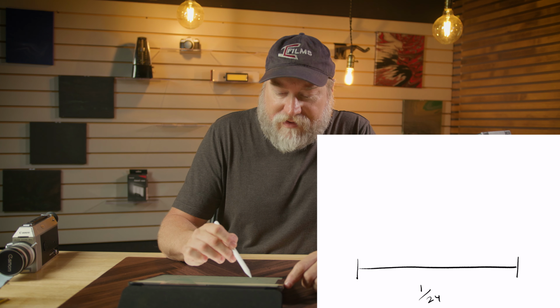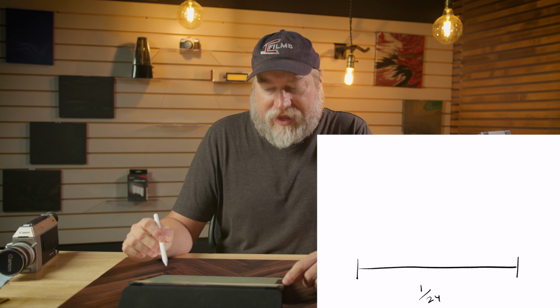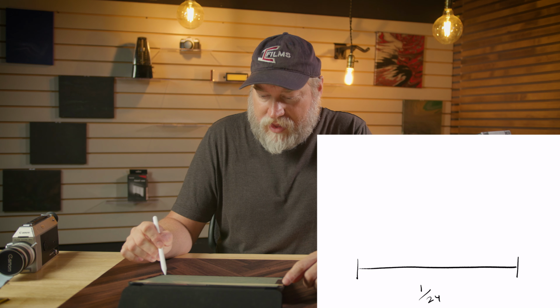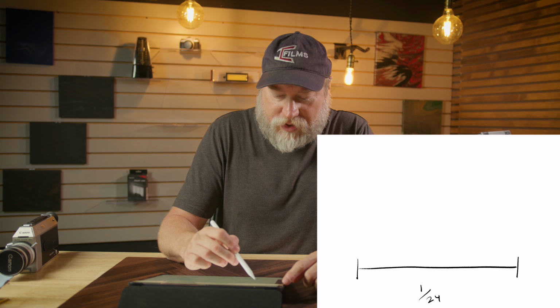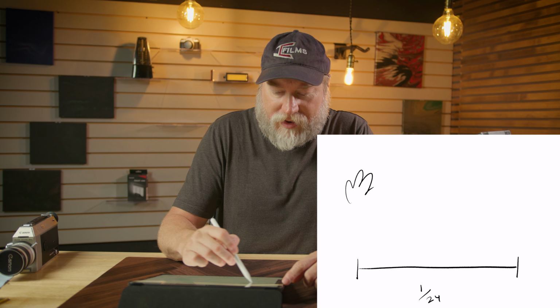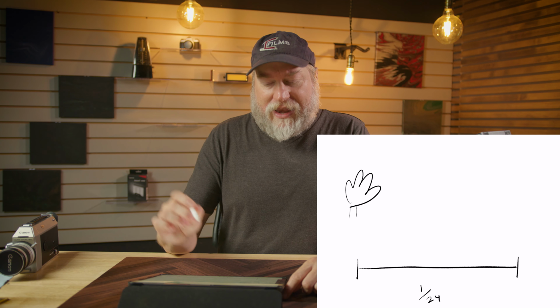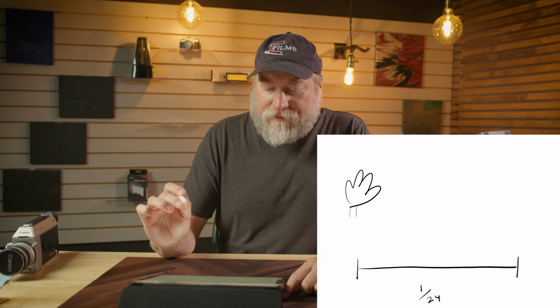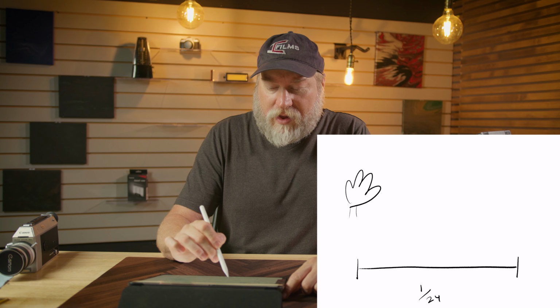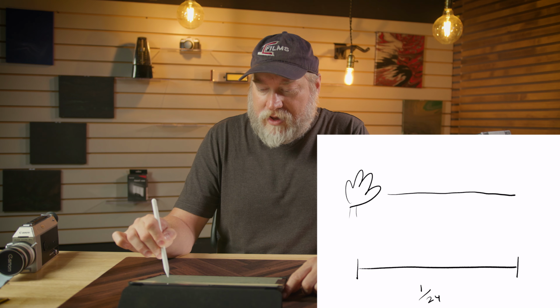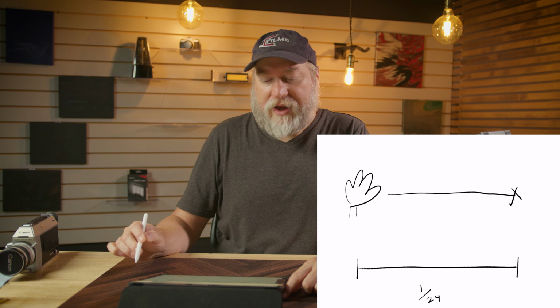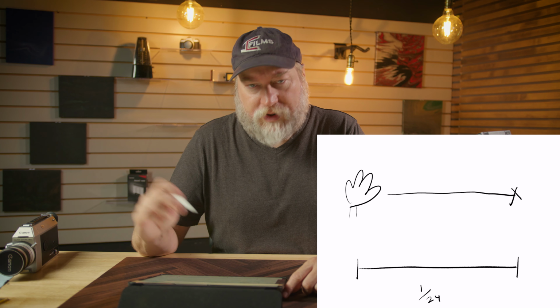Now, we have a hand that is right here. Look at that beautiful hand. It's right here. And it moves from this point right here all the way to this point right here in 1/24 of a second.